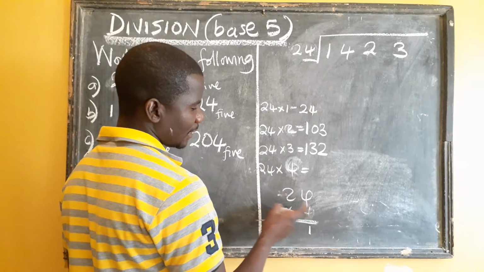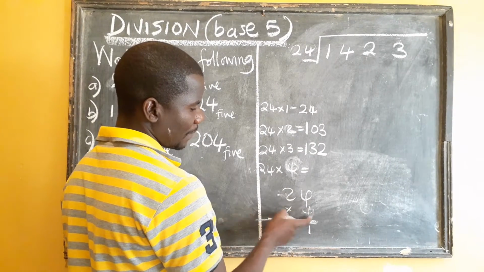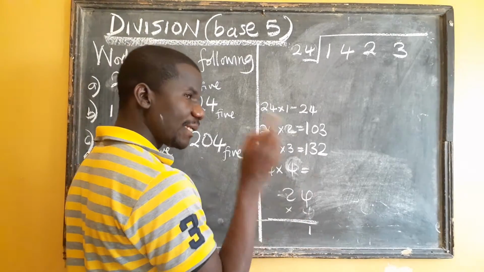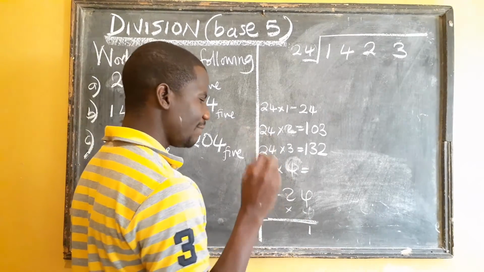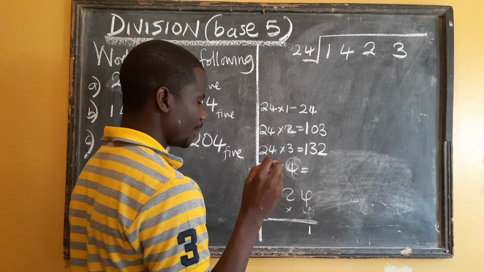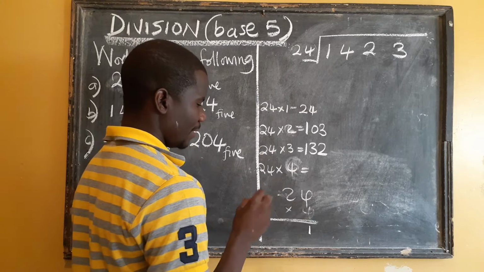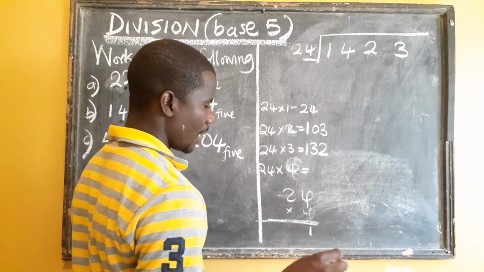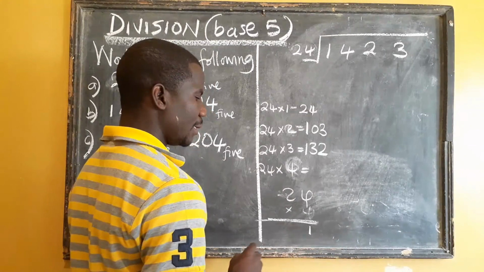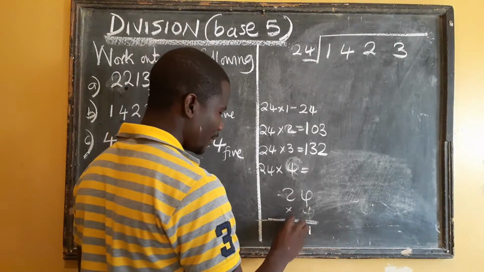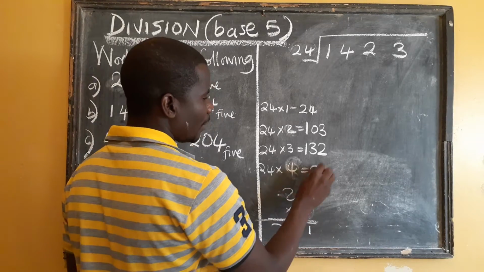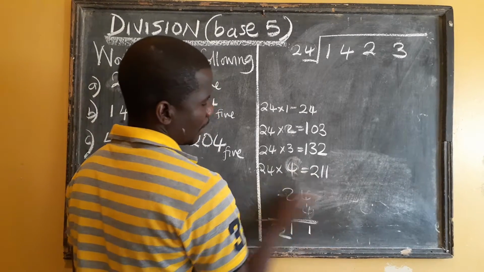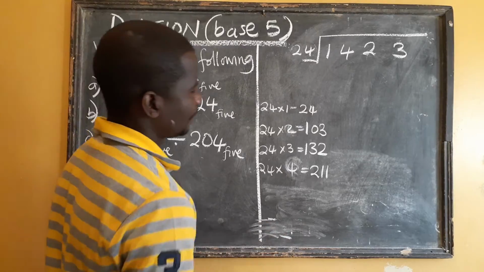This gives us 8, plus that 3, we have 11. So 11 divided by 5, we have 2, remainder 1. So you start with the remainder, then you write 2 here. It's 211.